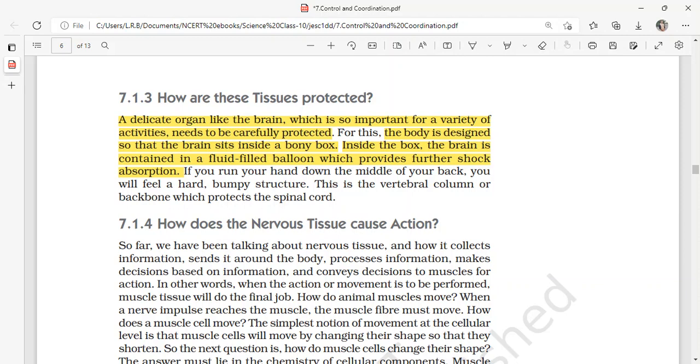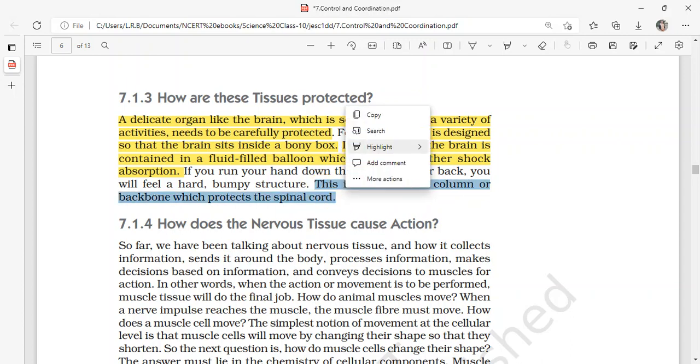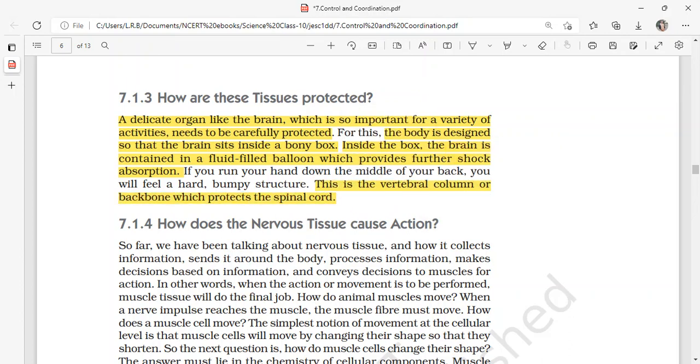This is the vertebral column or backbone, which protects the spinal cord. Inside each vertebra there is a narrow lumen, or canal, and through it the spinal cord passes down from the bottom of the skull to the tip of our pelvic region.